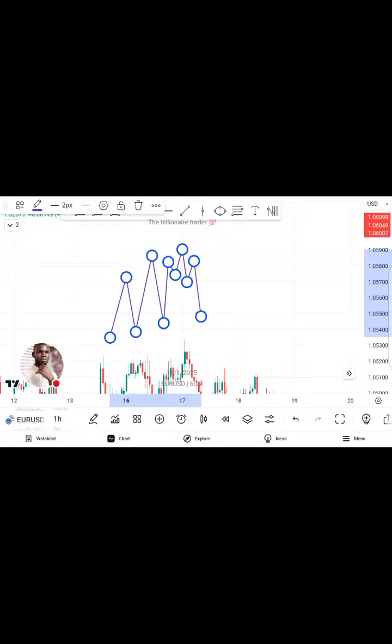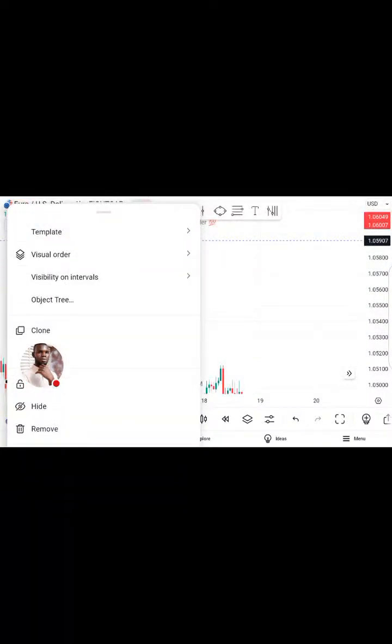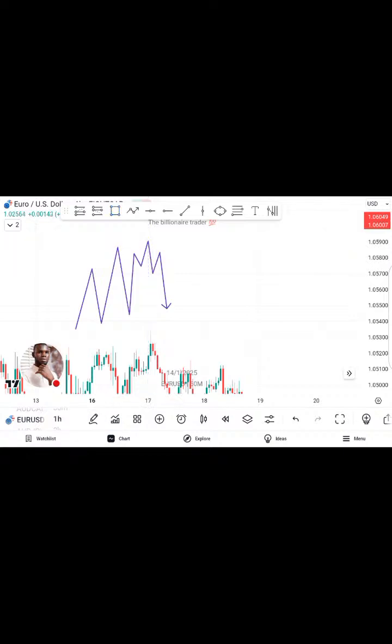Another thing is if it happens that we have a break of structure like this, and price reacted to the supply zone before breaking the structure, and the low of that structure is taken out instead of being respected.